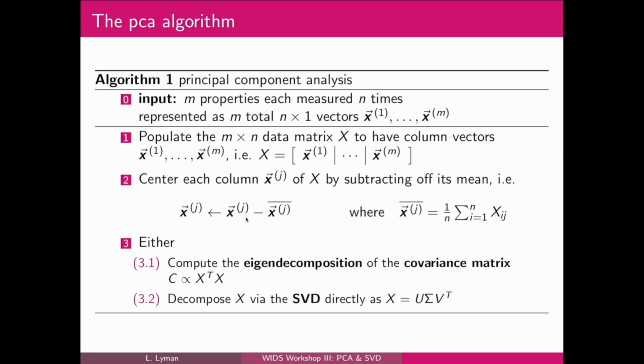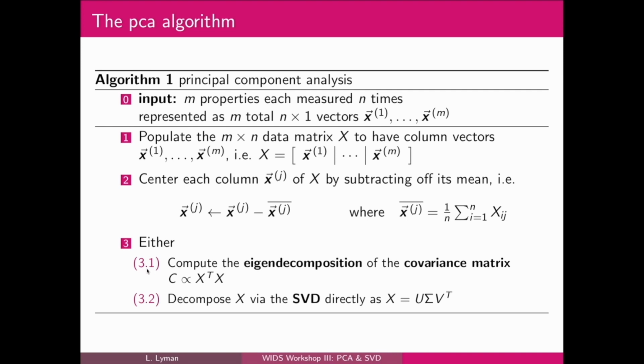Then, we subtract off the mean for each variable or property being measured, in our case, the columns of our data matrix X. Then we calculate the principal components and PC scores, and we'll explain what those are. But essentially, we have two options for this third step. Either we can perform an SVD on X directly, or we can factor the covariance matrix C with an eigendecomposition.